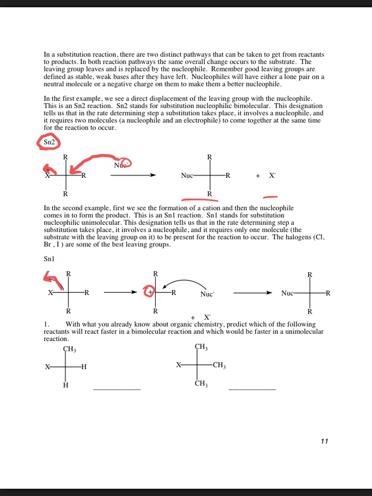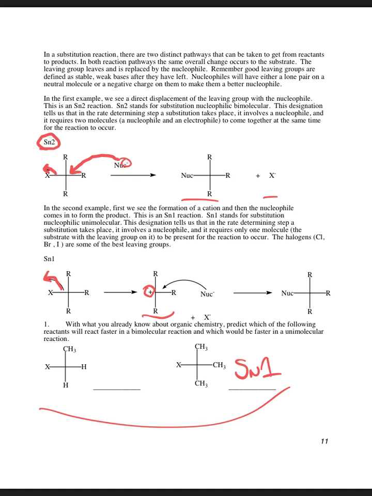So we need to think about what type of reaction will be faster. What could we use in an SN2 to be faster versus in the SN1? What would be faster between the primary and the tertiary halide? So in the SN1, we have to form the cation. So which cation is more stable? Is it the more substituted one or the less substituted one? We know from chapter 4 that the more substituted the cation is, the more stable it is.